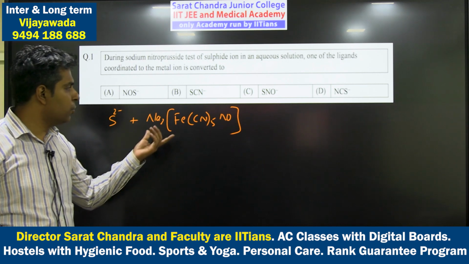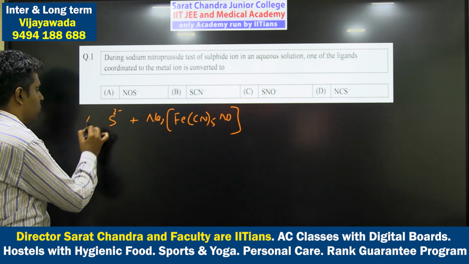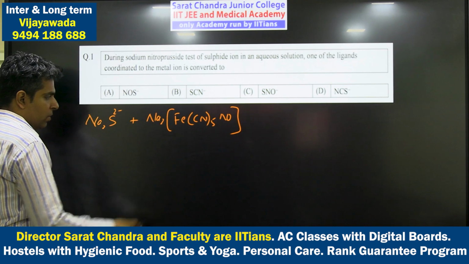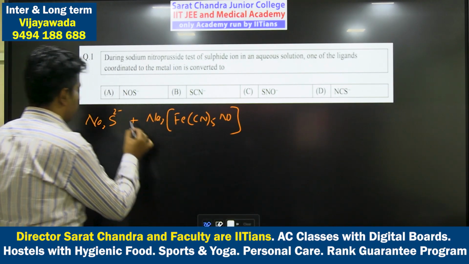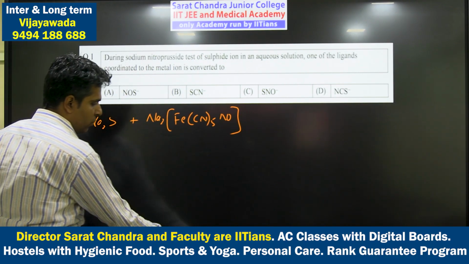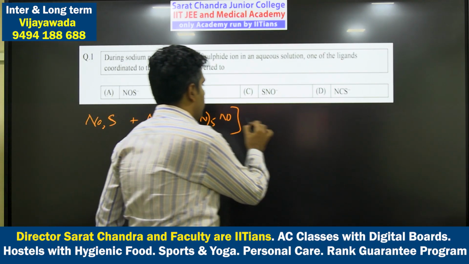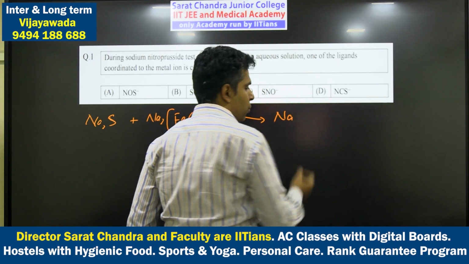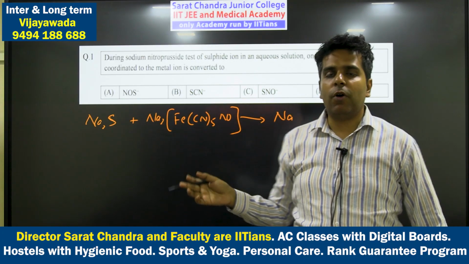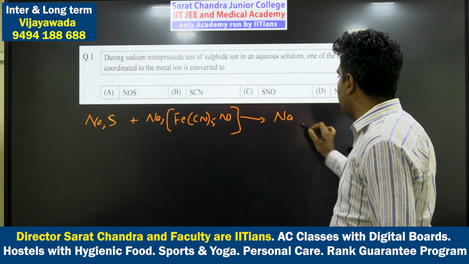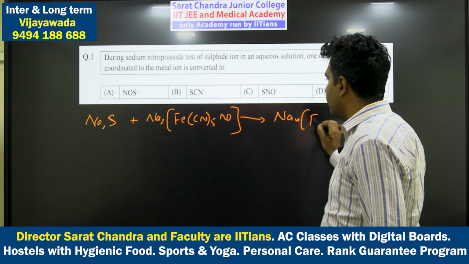Sodium nitroprusside is added to any salt. Suppose the salt is sodium sulfide. To detect the presence of sulfide ion, sodium nitroprusside is added, and the complex formed gives a blue or violet coloration. The formation of blue or violet coloration confirms the presence of sulfide ion.